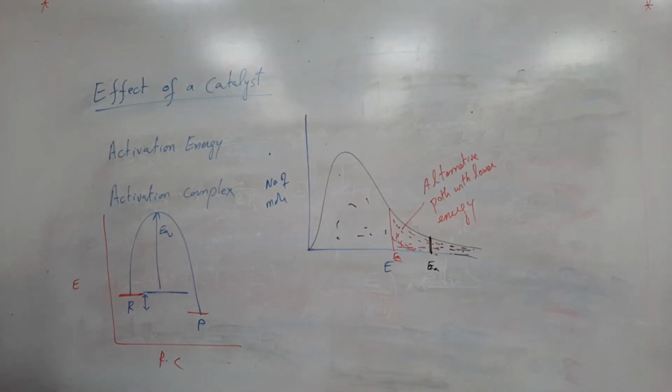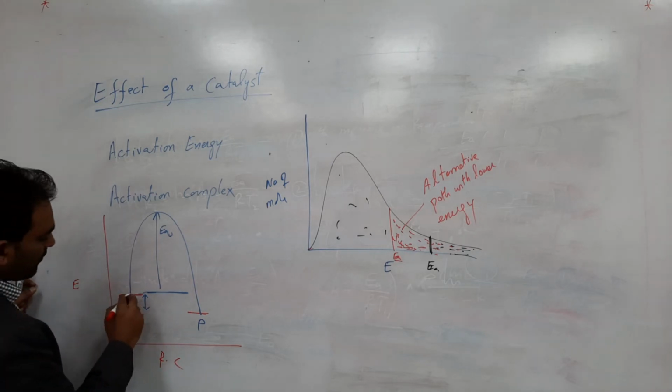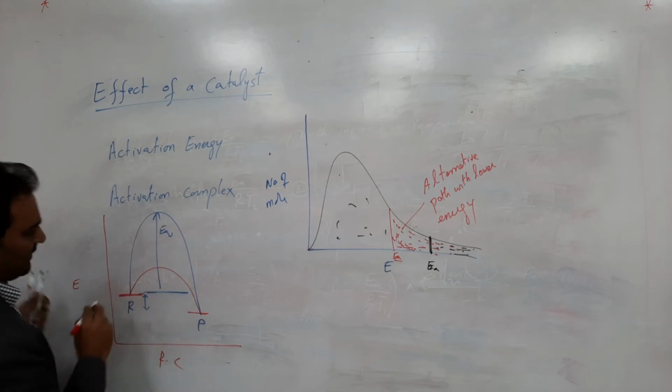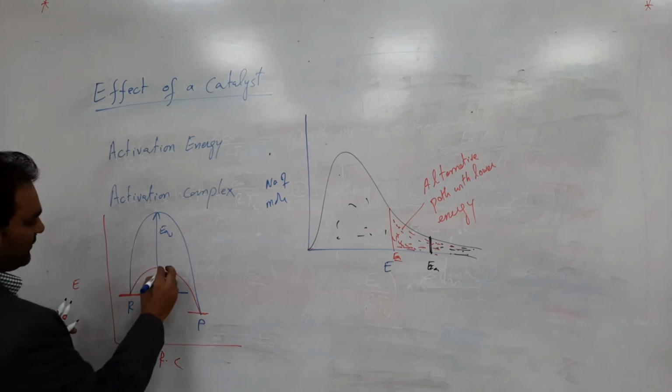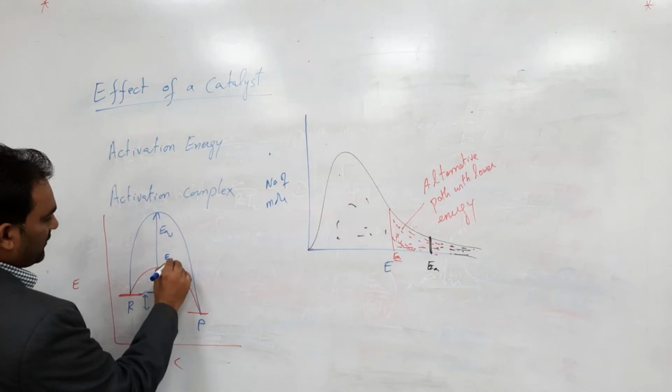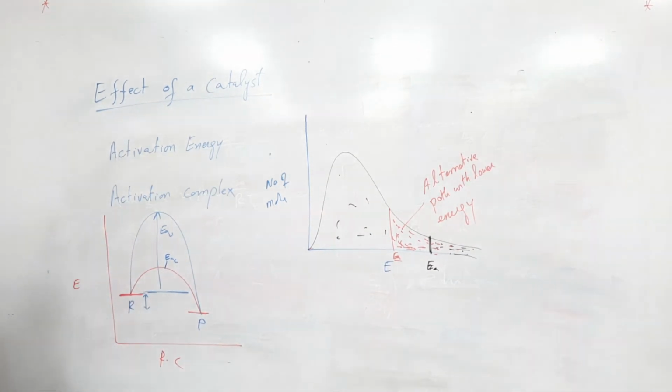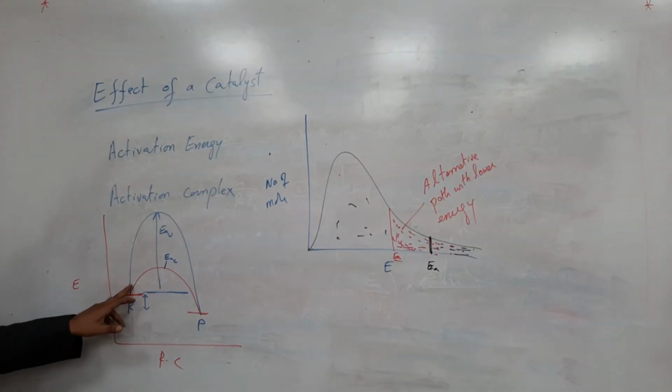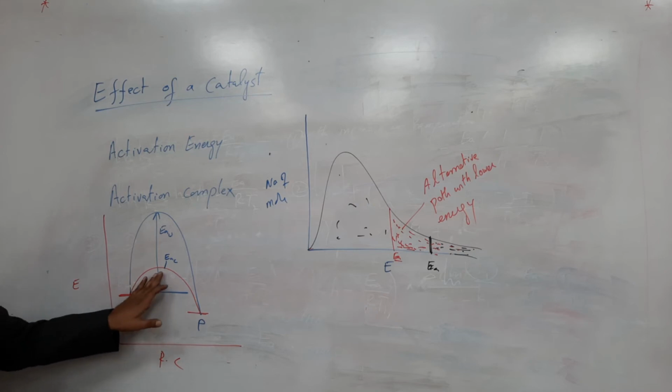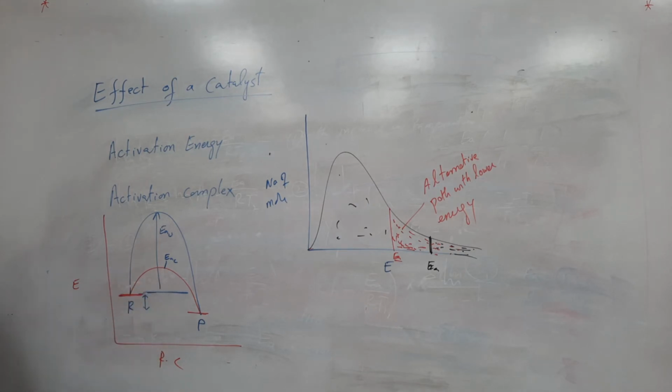If we introduce a catalyst in the reaction, it will increase the rate of reaction by using an alternative path. This is a catalyzed reaction, meaning it will give you an alternative path with lower energy.